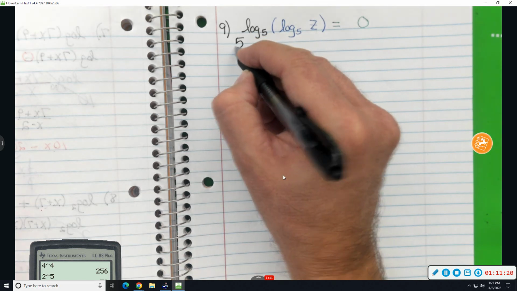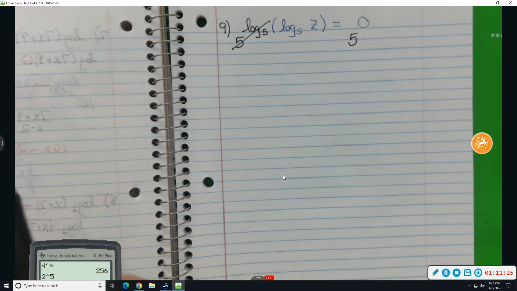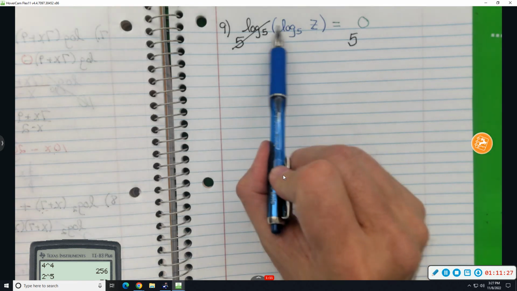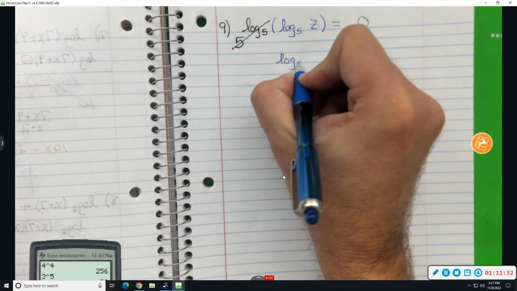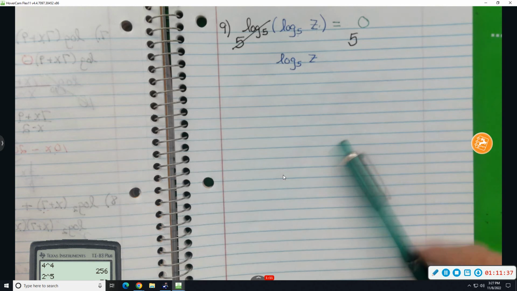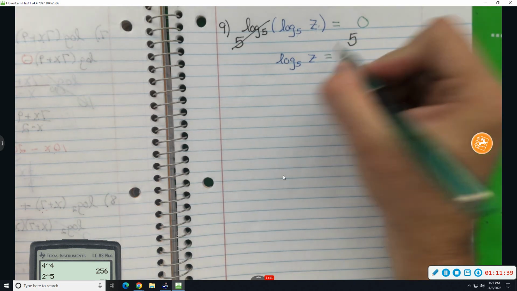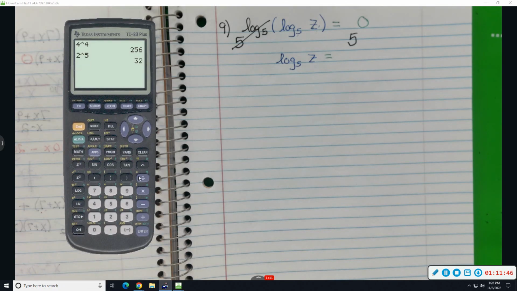There. That still leaves me the blue log base 5 of z. And over here on the right, 5 to the 0, don't say 0. It's one of those rules of logarithms. 5 to the 0 power is 1.